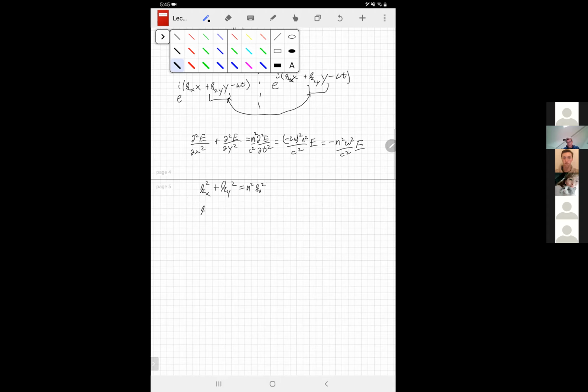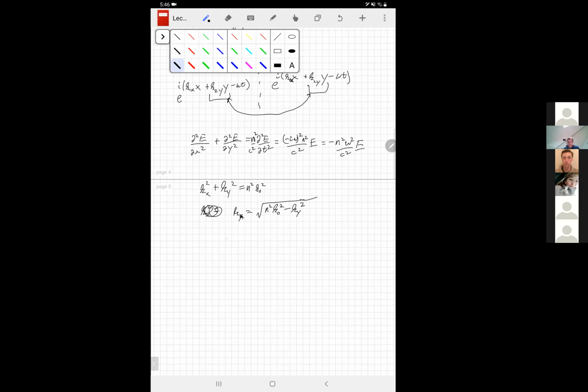Or kx is the square root of n squared k naught squared minus ky squared. So far, nothing profound.